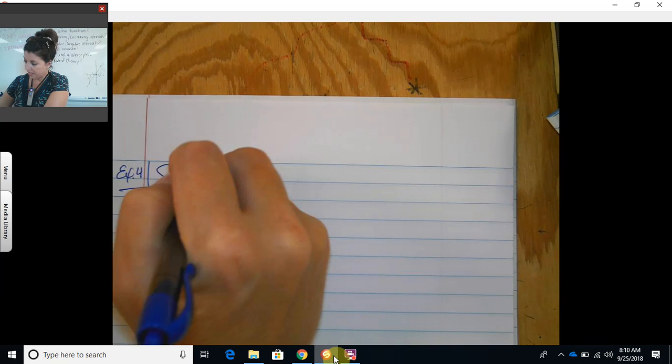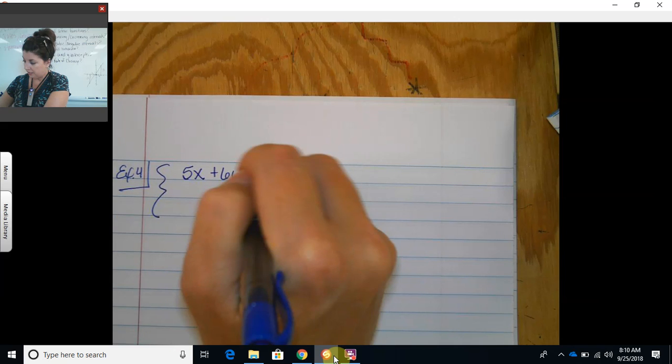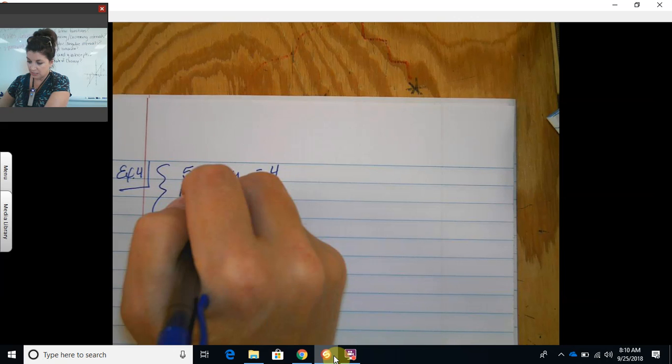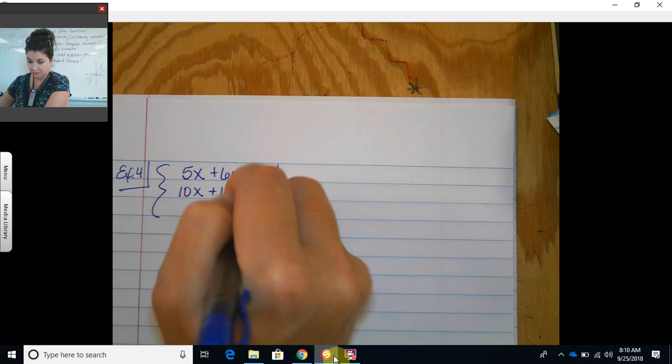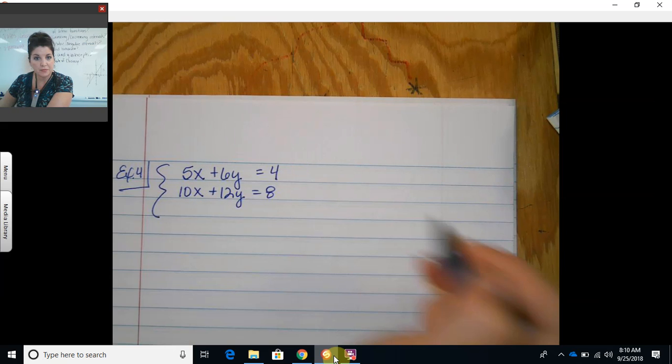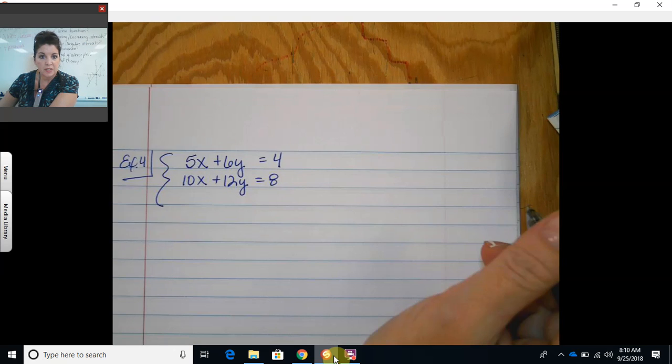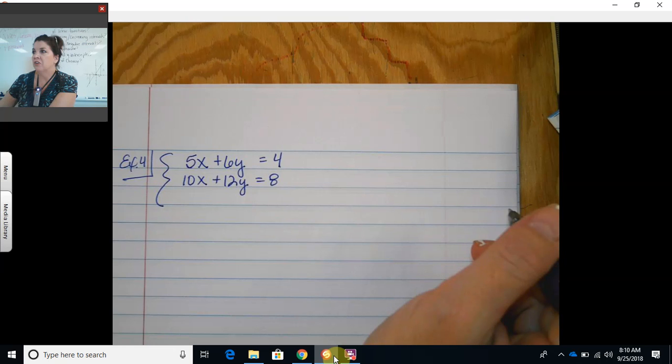Example 4. 5x plus 6y equals 4. 10x plus 12y equals 8. And if your questions are given to you and they're not both in standard form, you can convert them to standard form, or if the variables are lined up, then that's okay too. All of the ones that we've had have been in standard form.